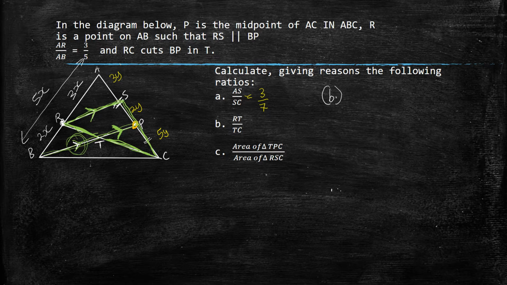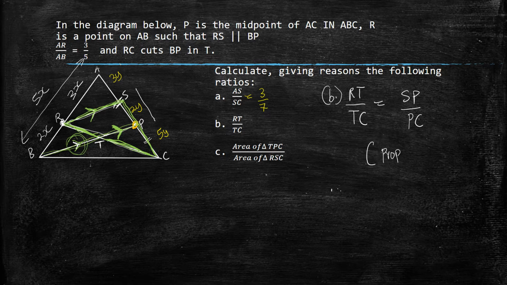Okay, so let's go and do that. So RT over TC, because it's found on this triangle where we can apply proportionality theorem, will be equals to SP over PC. Why are we saying they're equal?